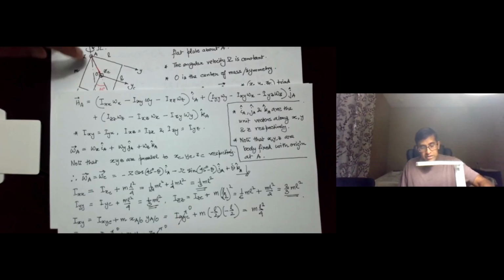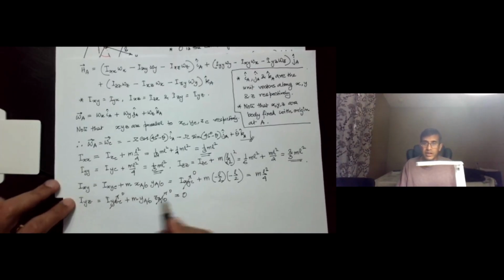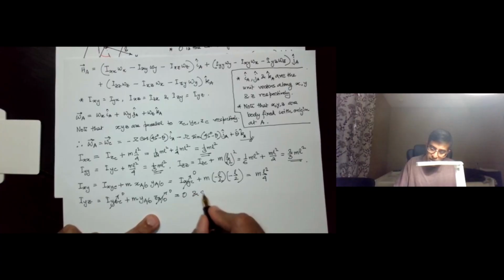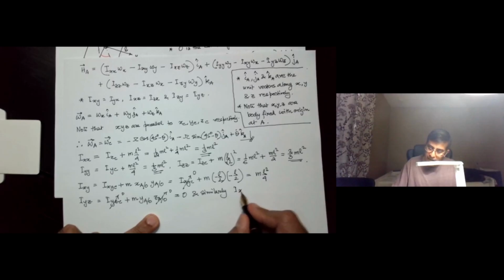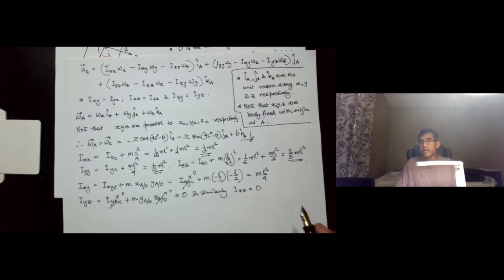The reason is that z and zc are parallel to each other, so whatever the z coordinate is in the centroidal axis is the same z coordinate in the axis about point A. They have the same elevation, so there is no difference in z, and therefore this is 0. So Iyz is equal to 0, and similarly Ixz is also equal to 0. We can verify it.